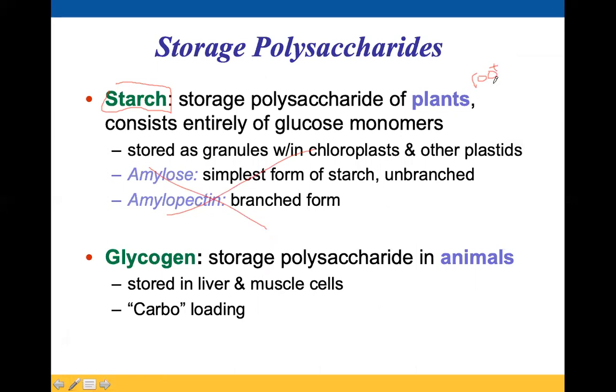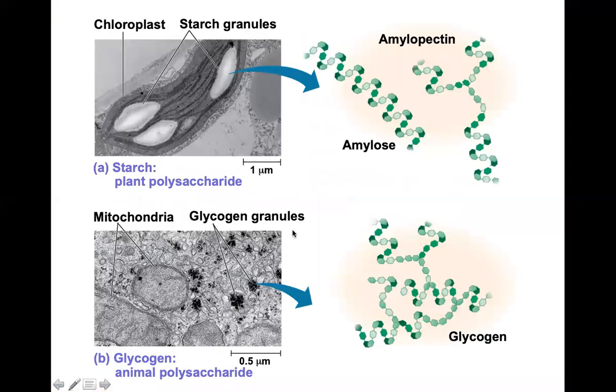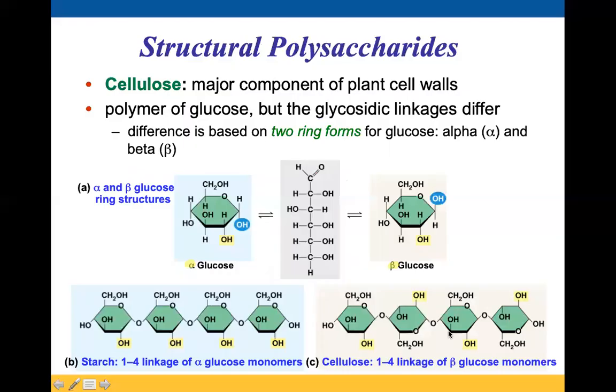So starch is stored in the roots. We store all of our carbohydrates as glycogen. That's where we keep it all nice and stored. So typically, if you have a big diet full of carbohydrates, you're going to store that in the liver until needed. So this is just showing you a different overview between the starch in a plant cell versus the glycogen in your liver. So slight difference between those glycosidic bonds.